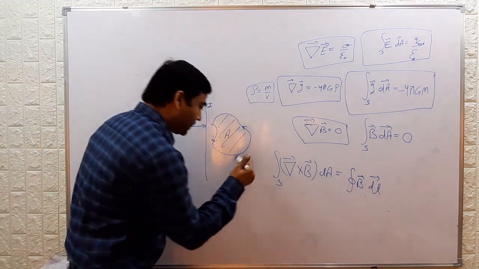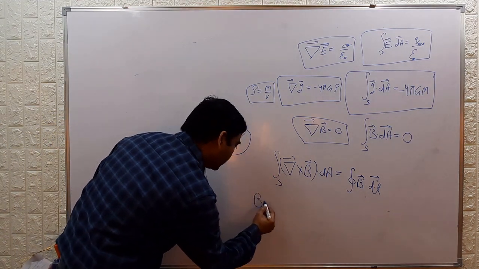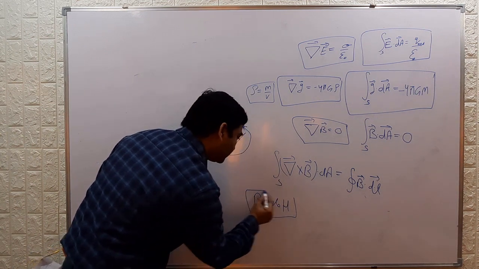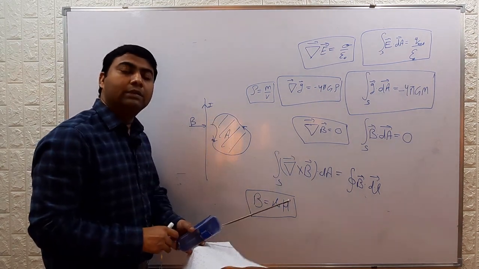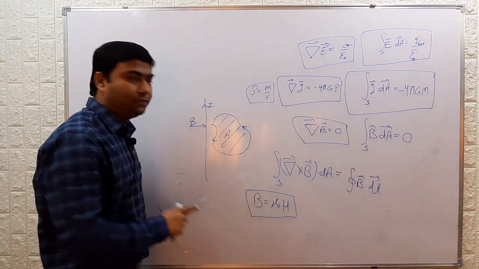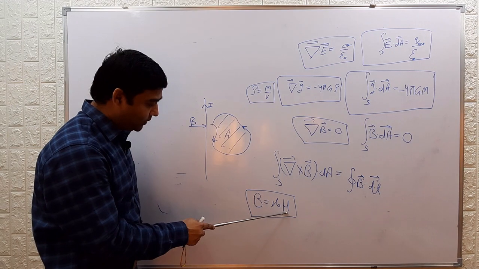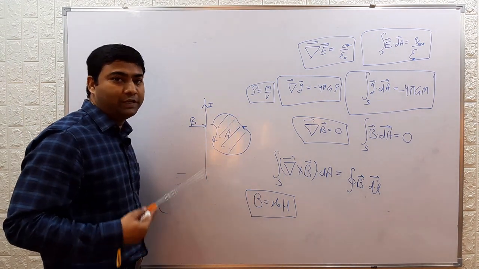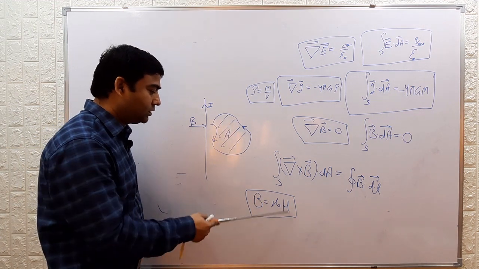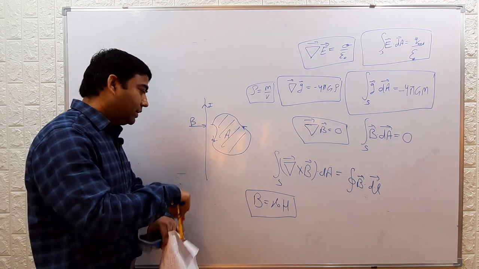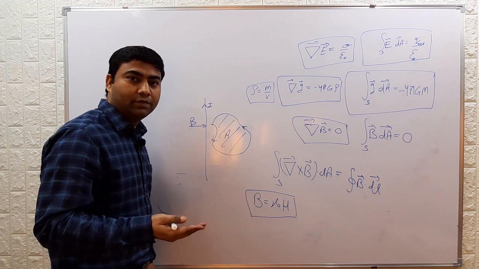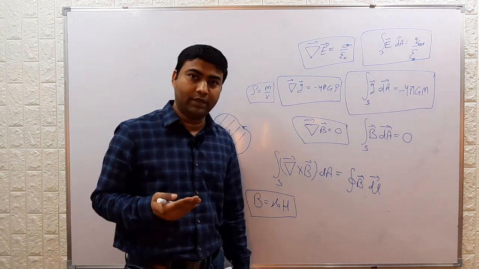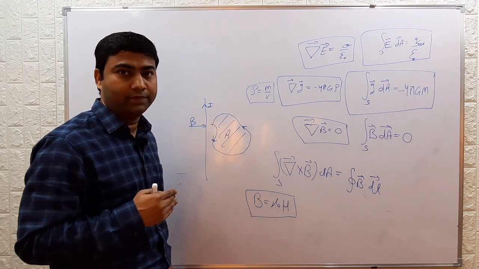So we know magnetic field B is equal to mu 0 into H, where H is the intensity of magnetic field and mu 0 is the permeability of free space. This equation you all know. Now as per Maxwell's equation, again we will use Maxwell's equation here, the special case of Maxwell equation, as we have used in electric field.